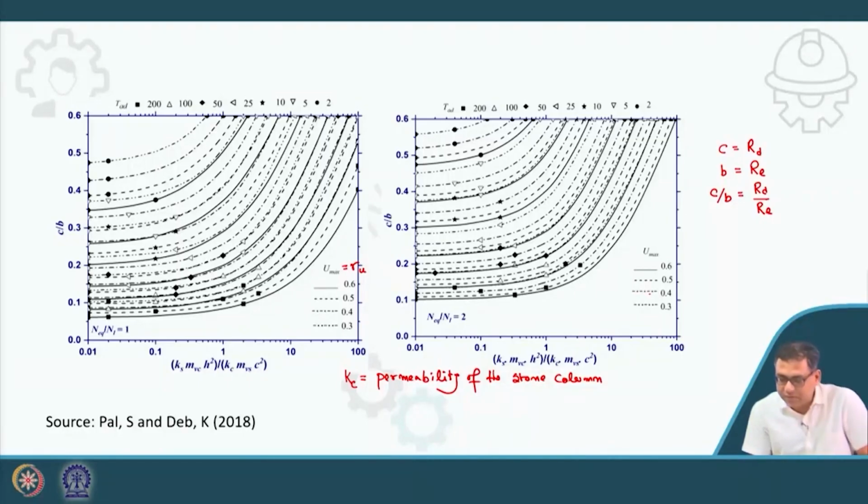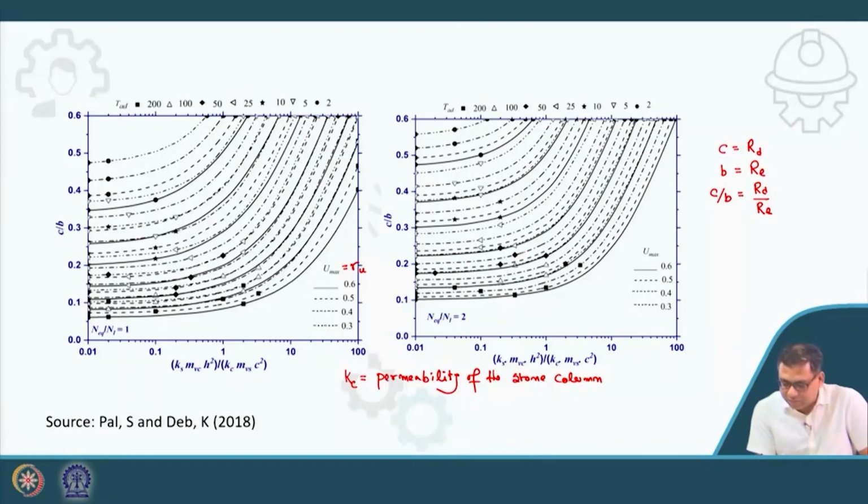0.4 is this line. So we will find that these black dots mean 200. This white triangle in upward direction is your 100. Then this black diamond shape is 50.